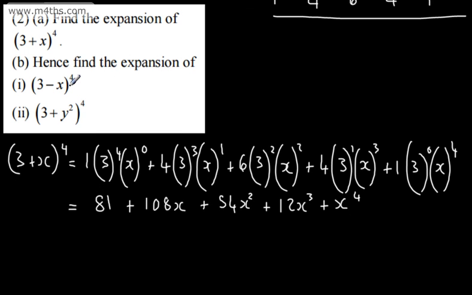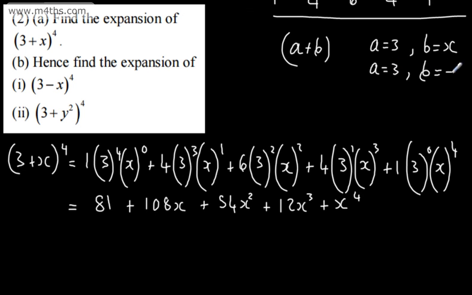Okay, so now what we've got here, if this was a plus b, on here we would have now a is equal to 3, b is equal to positive x. On this one we've got a is equal to 3, but b is equal to negative x. So if I write this out, we can say that 3 minus x to the fourth is going to be, again, 81.